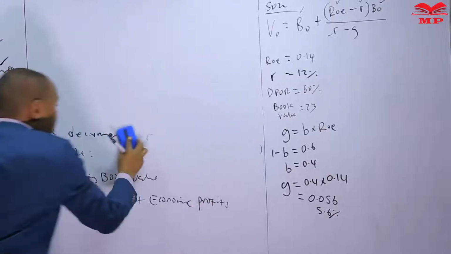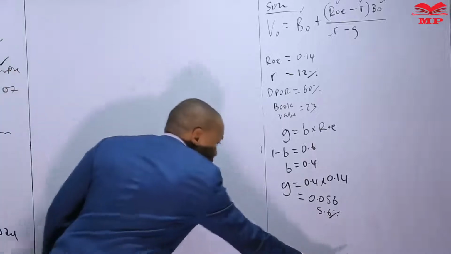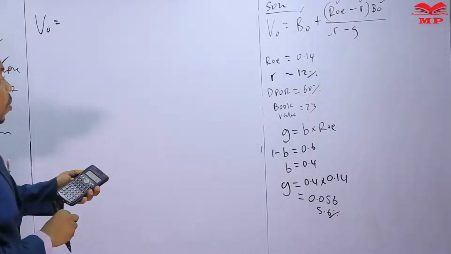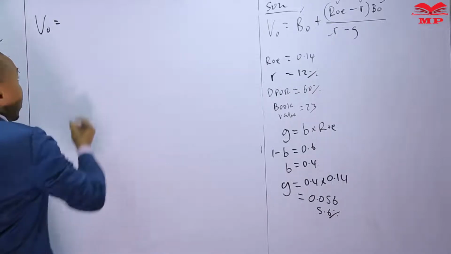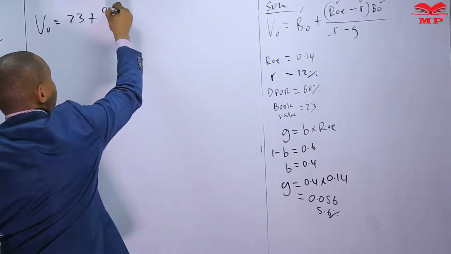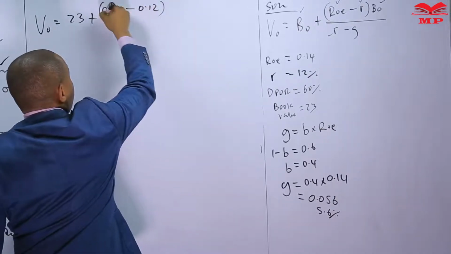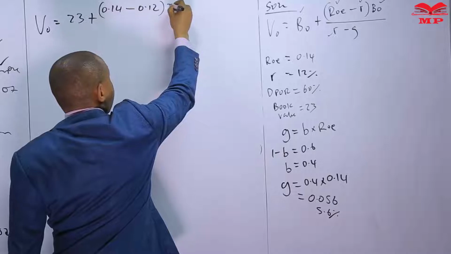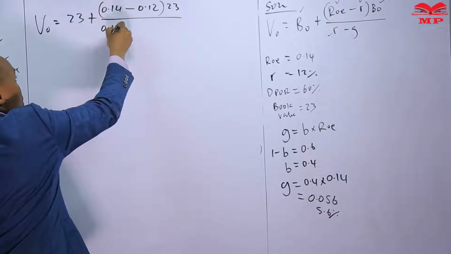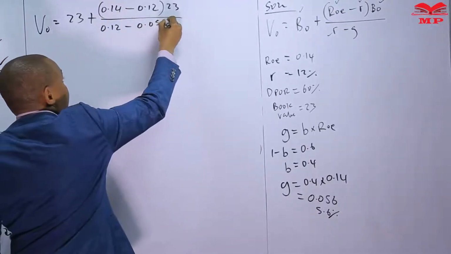Putting it all together will assist us in computing the value of the security. So we have B naught as how much? The beginning book value is 23, plus the ROE, 0.14, minus the required return 0.12, multiplied by the beginning book value of 23, divided by the required return, which is 0.12, minus the growth rate, which you've computed over here, 0.056.